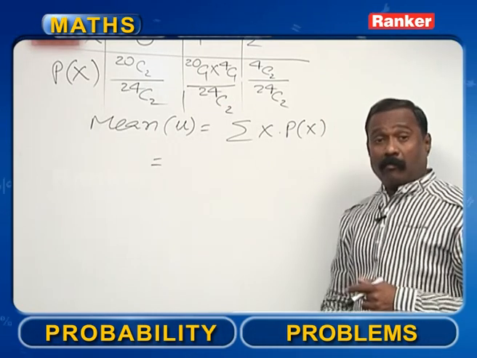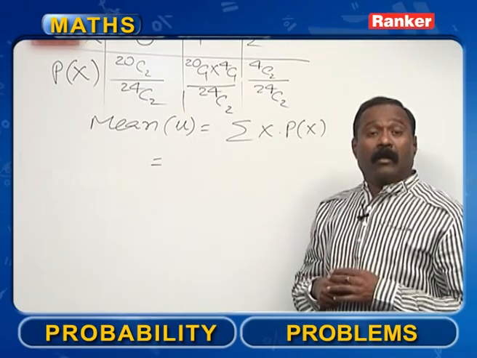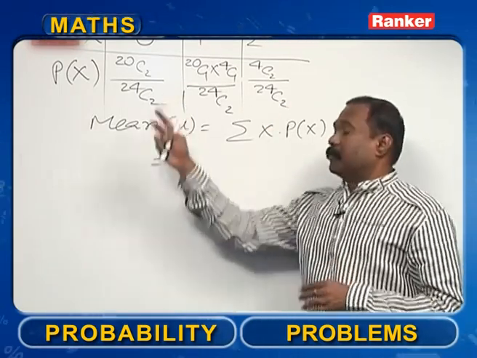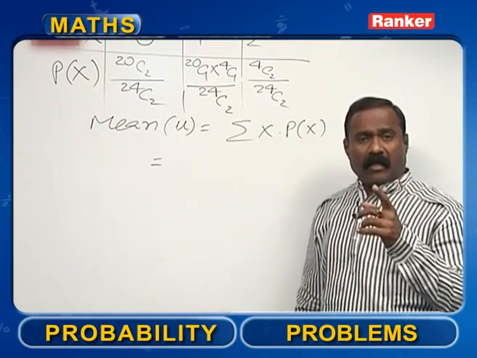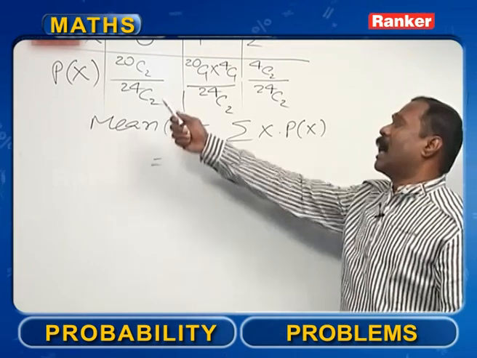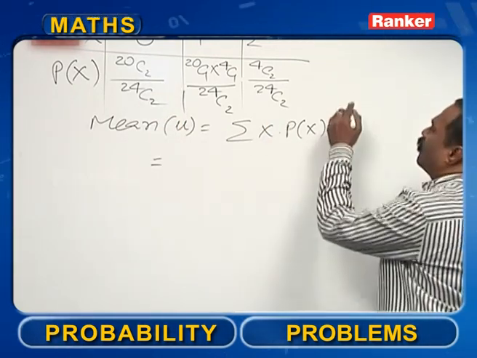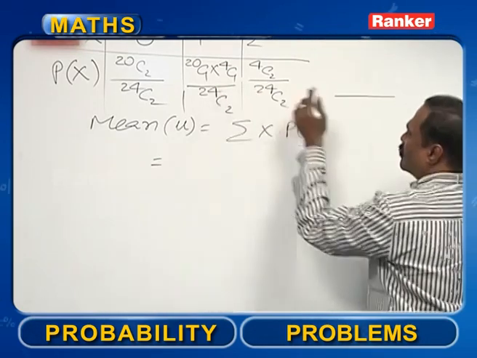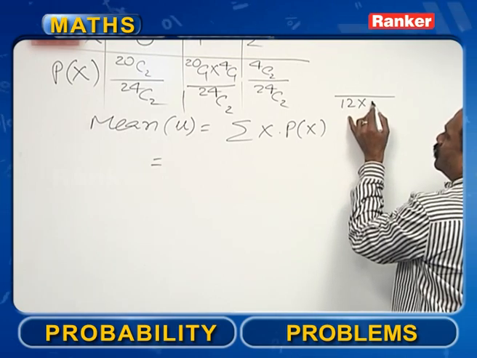One more cross check for you whenever you prepare the table: the sum of the probabilities must be 1. If it is not 1, understand that you have gone wrong somewhere. The denominator is 24 C2, which is nothing but 12 into 23.